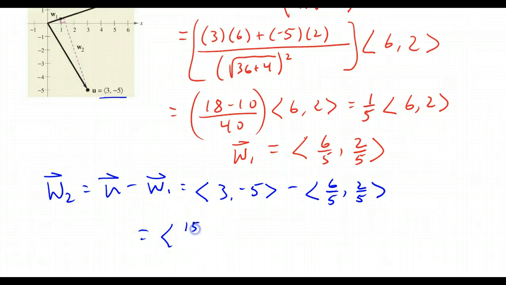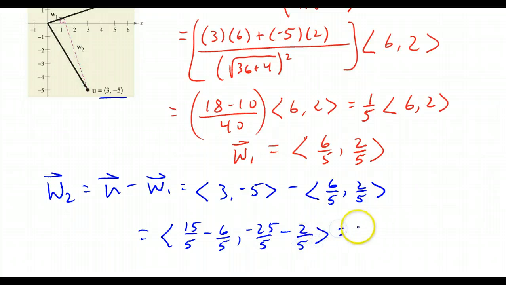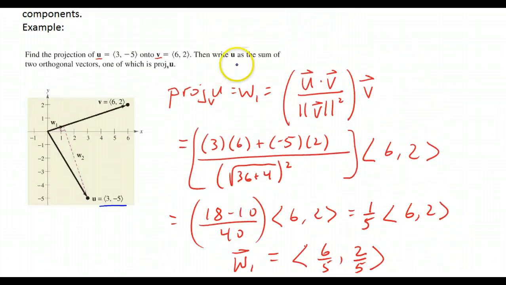That's going to be 15/5 minus 6/5, comma, negative 25/5 minus 2/5, which equals 9/5, comma, negative 27/5.